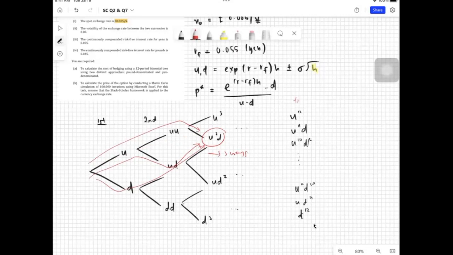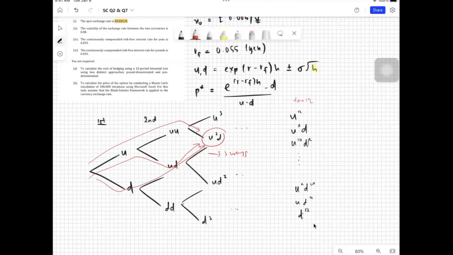at time period 12, right? Time 12 here. So how we get the combinations on how many ways to get to the terminal payoff for that particular combination there is basically, let's say we look at time 3 here.